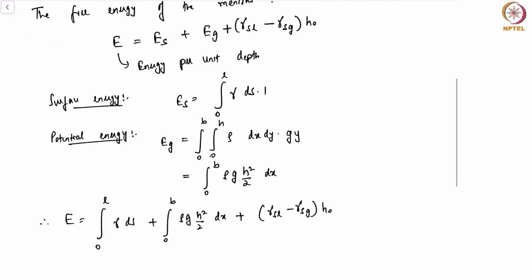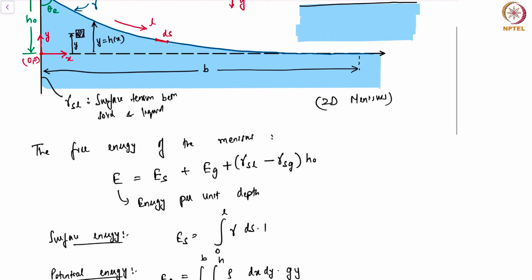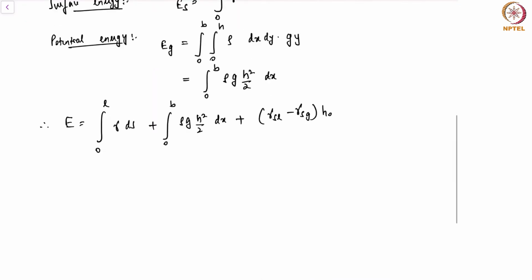Now let's make one more simplification. If I'm at any arbitrary point on the meniscus, let's say the angle is theta. Let me make a slightly different sketch on the side.